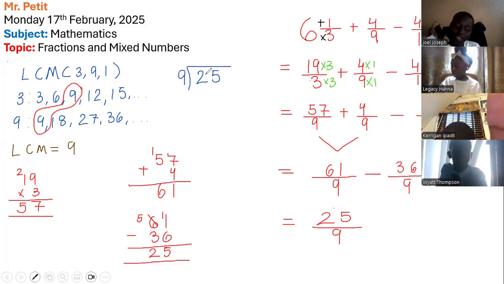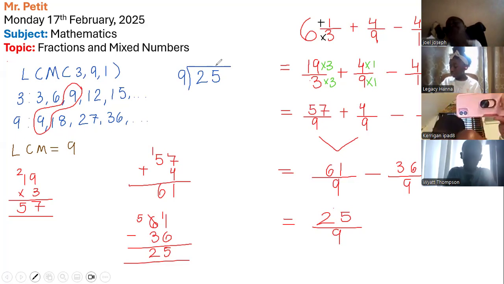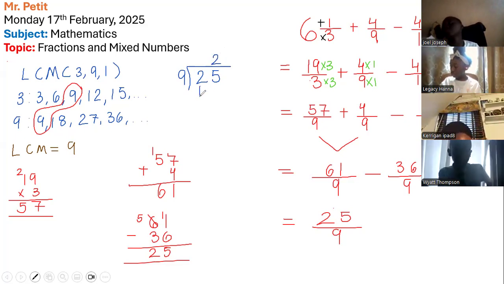How many times does 9 go into 25? Twice. Very good. 9 times 2 is what? 18. Very good. We subtract.